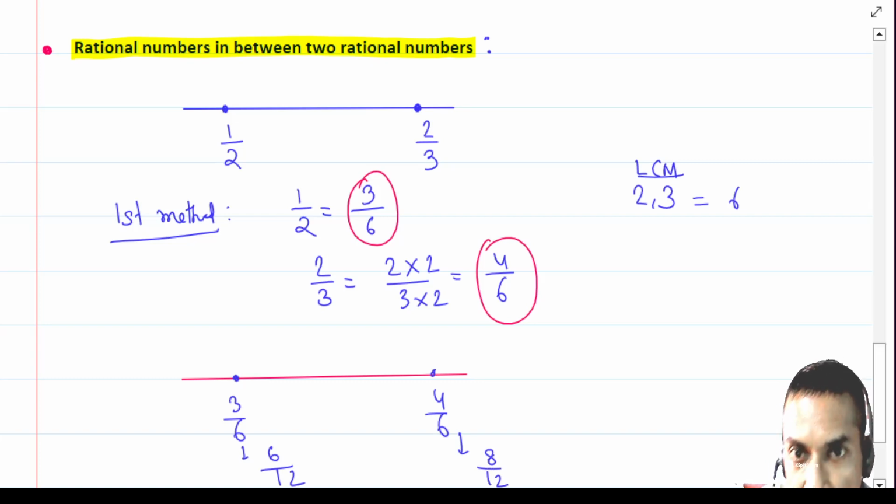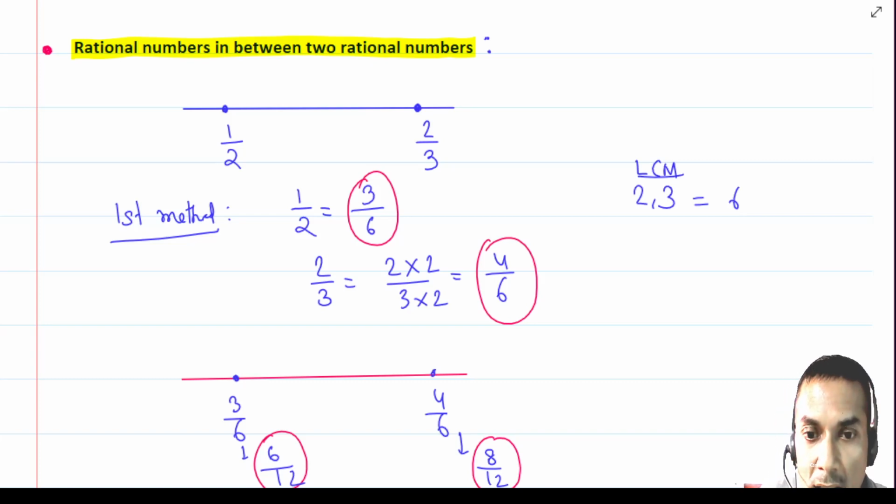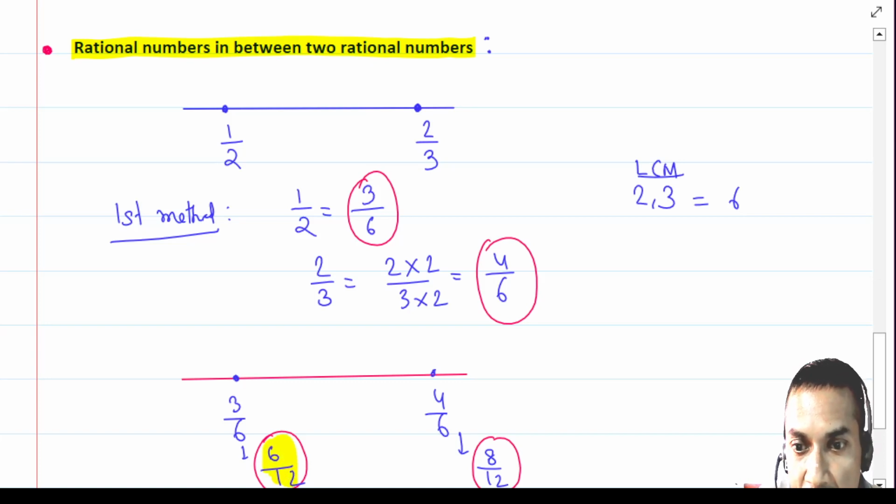Now it is clear. So 3 by 6 is equivalent to 6 by 12, and 4 by 6 is equal to 8 by 12. Again we find the number in between 6 by 12 and 8 by 12. Hope it is clear.